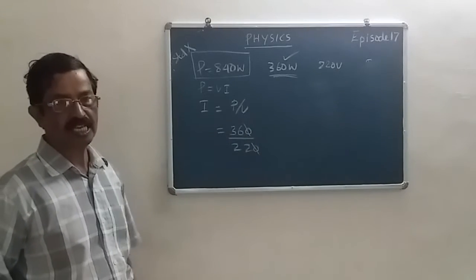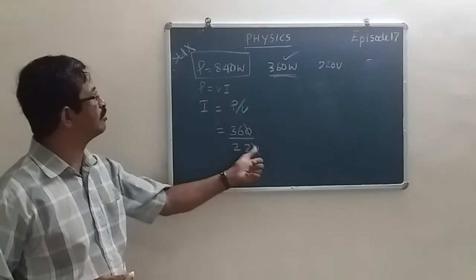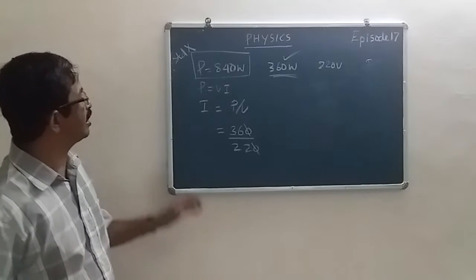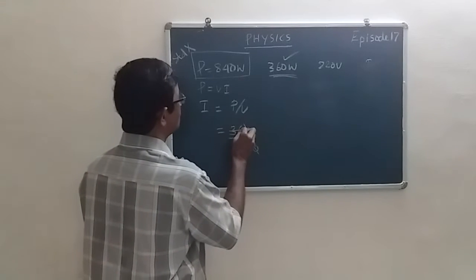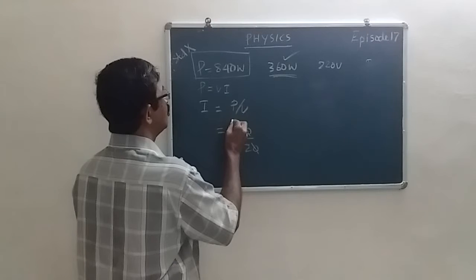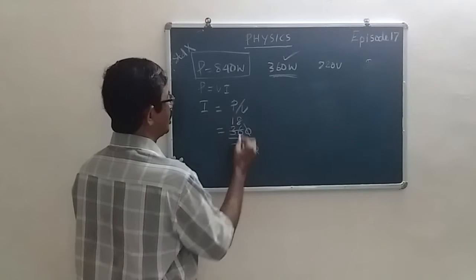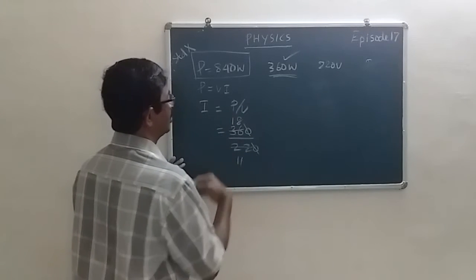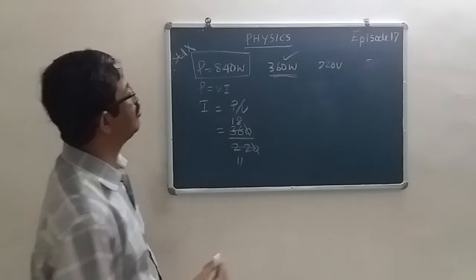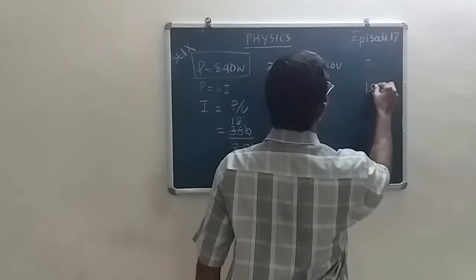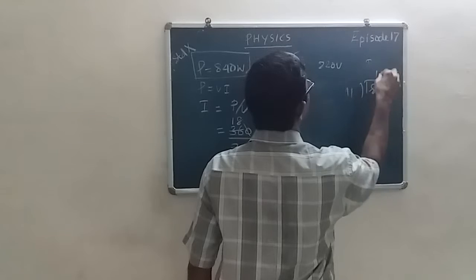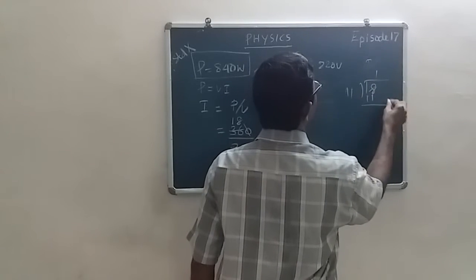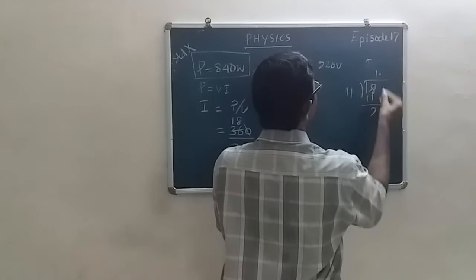We can cancel one 0 from up and down. Then again we can cancel with 2. That means here 1 and 8, and here 11. Now 18 by 11: 1 times 11 is 11, remainder 7, putting 0.